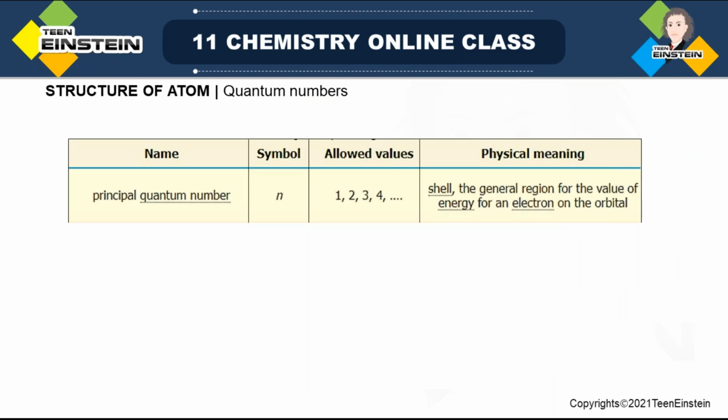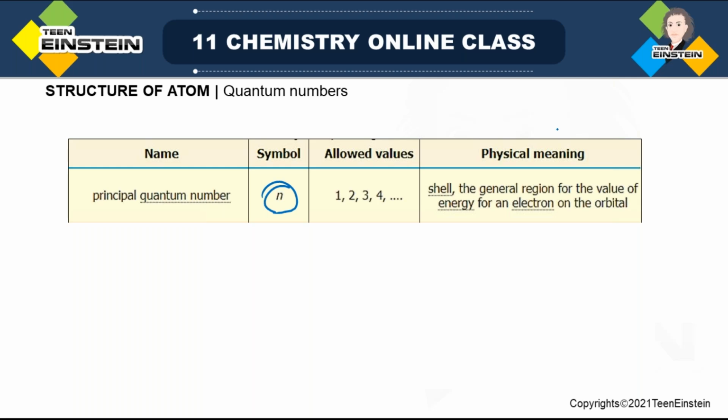Now all these 4 quantum numbers we have discussed, we will see them in a single table. The principal quantum number is denoted by small n, and the allowed values are simple integers, but it doesn't start with 0. It has to be from 1 up to infinity. And what is its physical meaning, that is, its significance?